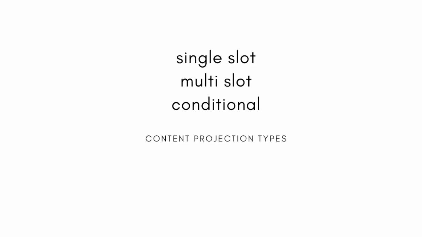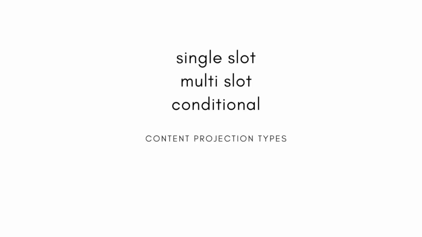You could do a selection for components, but I think you can do it as well for other things. Each slot can specify a CSS selector that determines which content goes into that slot. This pattern is referred to as multi-slot content projection.